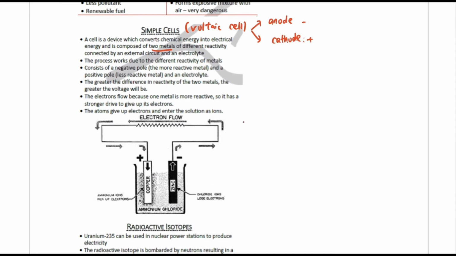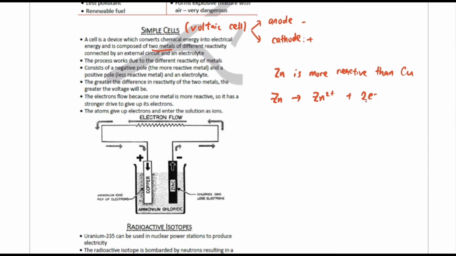So let's say zinc is more reactive than copper. You should expect zinc to form ions. They are more ready to form ions because they are reactive.